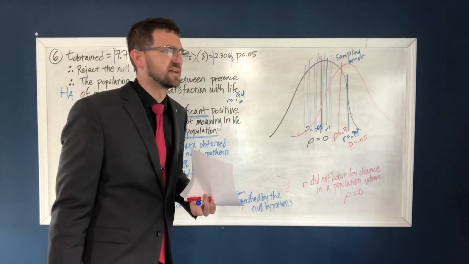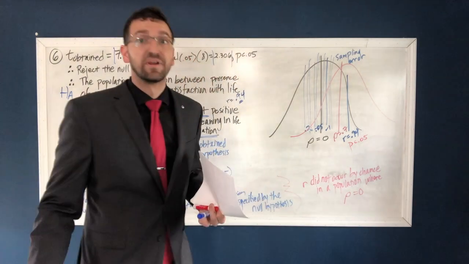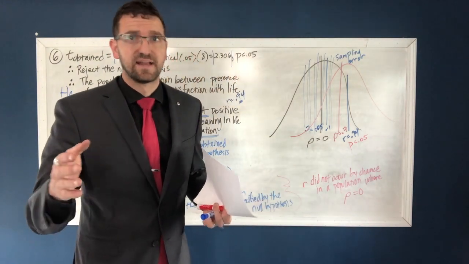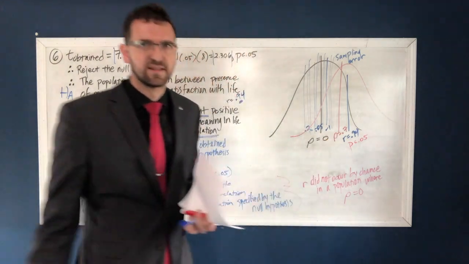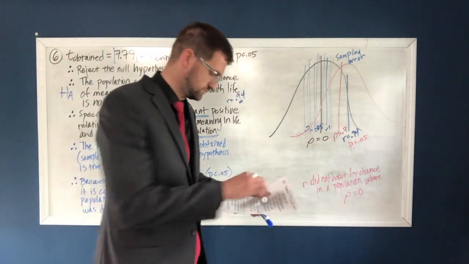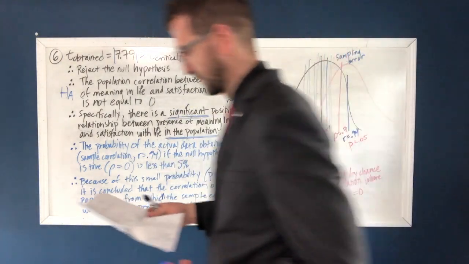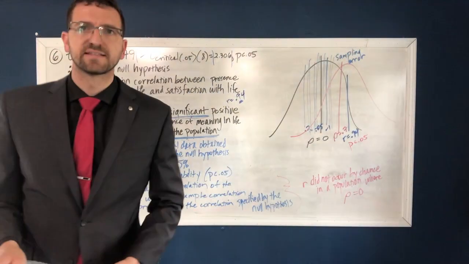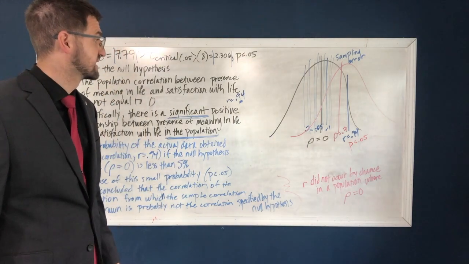It happened because the population correlation is not equal to 0. We don't know what it is, but it's bigger. For example, it could be rho equals 0.7. Okay, so that's our interpretation for one sample t-test.